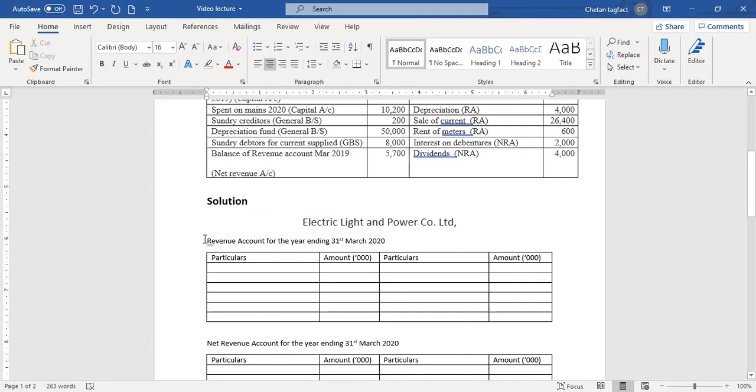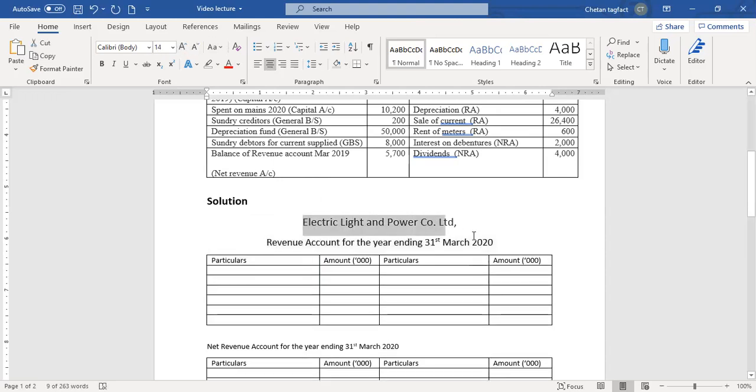And next we are first going to prepare the revenue account for the year ending 31st March 2020, and we have already classified the items as to in which account they will be taken, so we can easily prepare here.